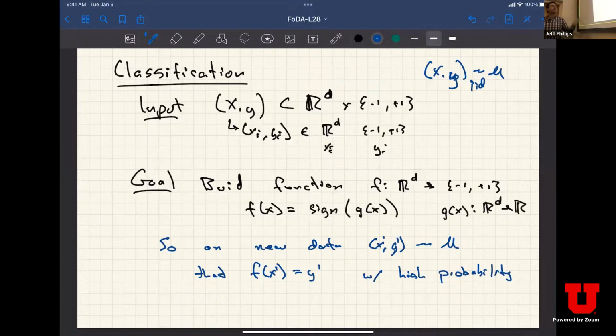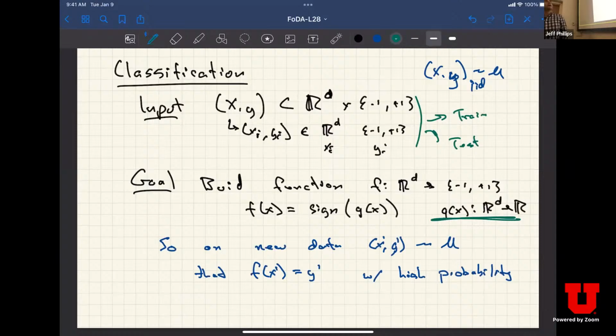We want to build some function such that our new data is going to work well, right? And the basic approach we had looked at so far is we had built a function g of x, and we may have split the input into a training set and a test set.